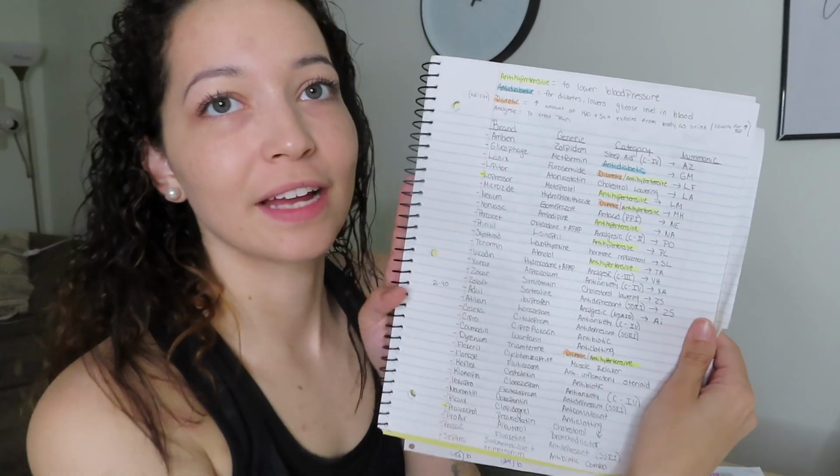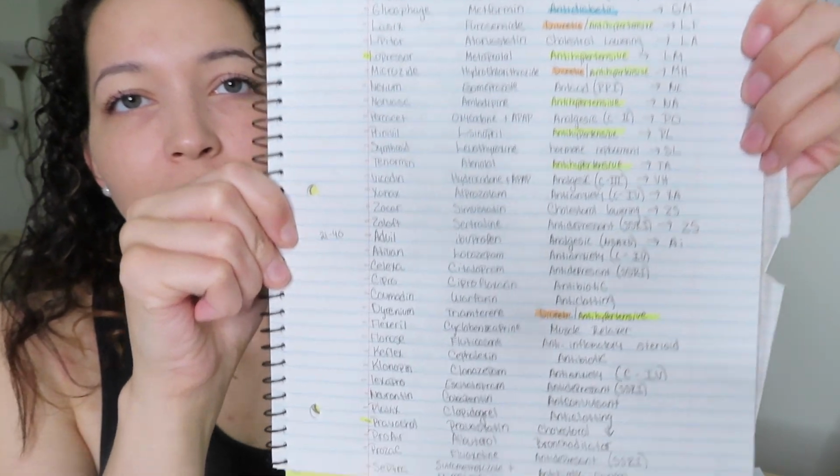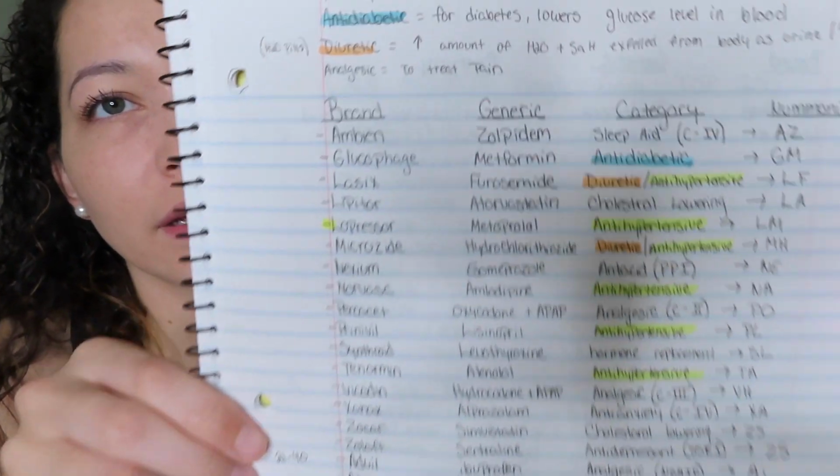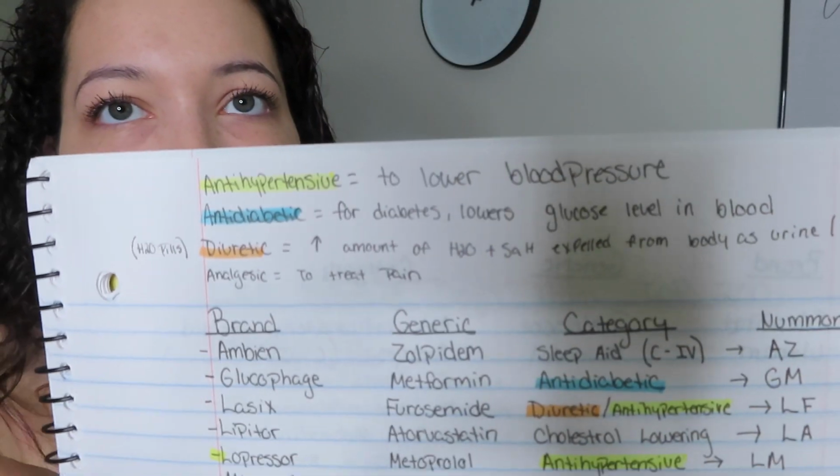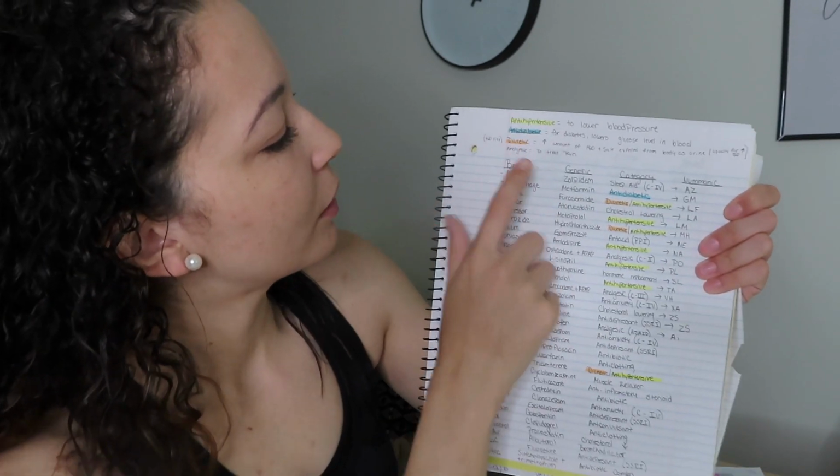I have all this stuff, guys. Look at all this. So I would write the brand, generic, the category, and the mnemonic. So sometimes they'll talk about a mnemonic, and a mnemonic is something that will make you remember the drug.